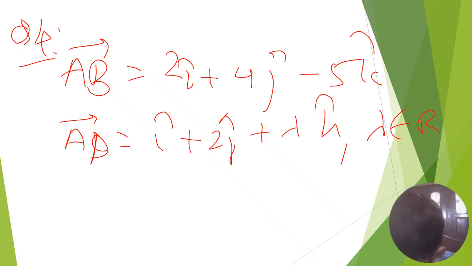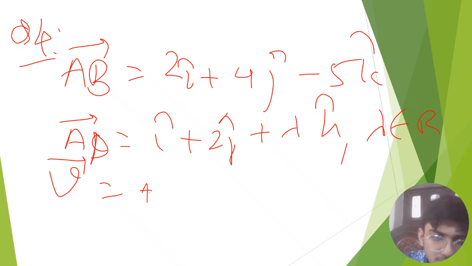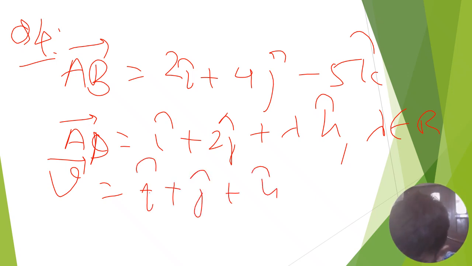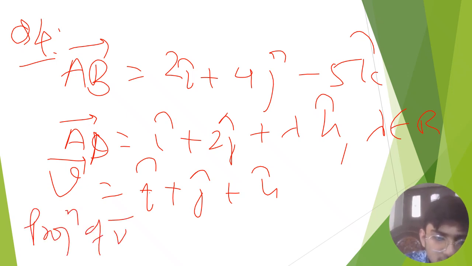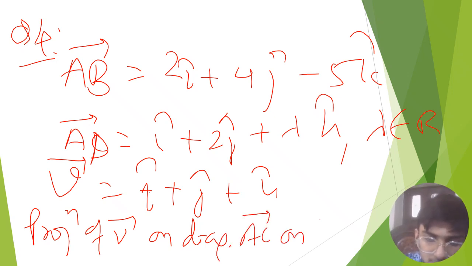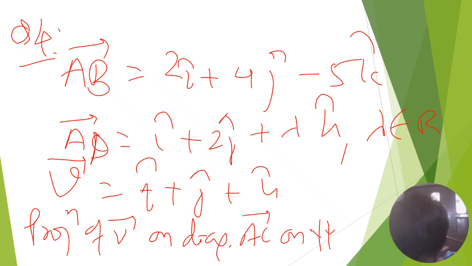And the projection of v vector, which is also given, i plus j plus k, on the diagonal AC of the parallelogram is 1 unit.